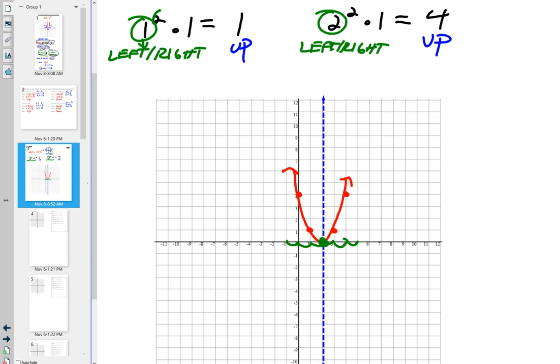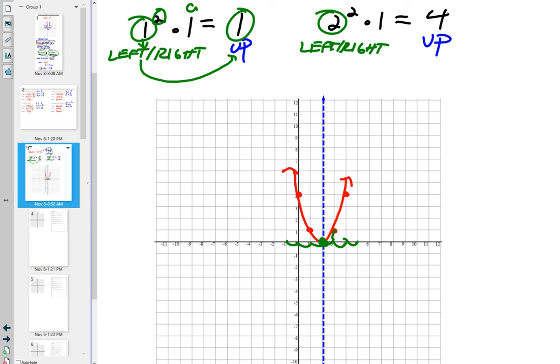You always have to square it because it's quadratic, and then multiply it times whatever A is. A was 1. What's 1 squared? Times 1 is 1. So since it's positive 1, if I go 1 to the left or right, I have to go 1 up. So I started at the vertex, I went 1 to the right, and then I went 1 up.